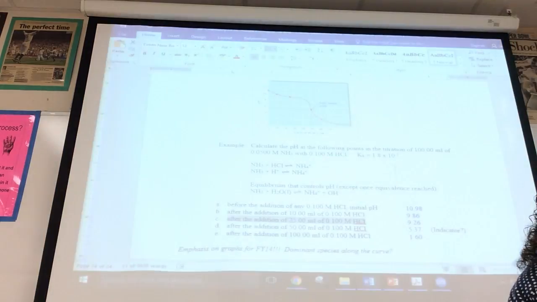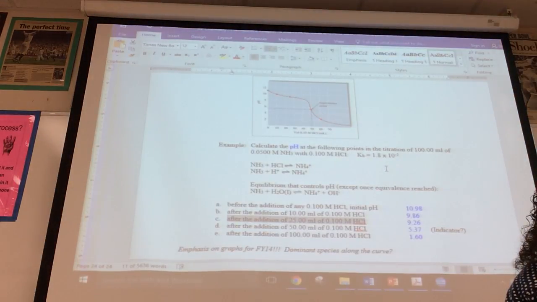So the equivalence point here is 50 mils of 0.1 molar. So that would be 5 millimoles of acid, correct? So in regard to the base, then, you need 5 millimoles of base at the equivalence point.